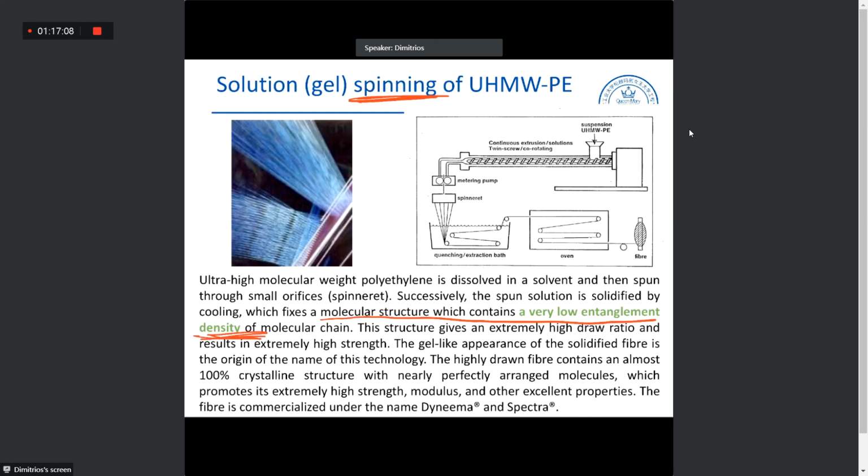Okay, you can see that with increasing amount of drawing, essentially, once we have the fiber, we slightly pull it afterwards in order to induce even further orientation.